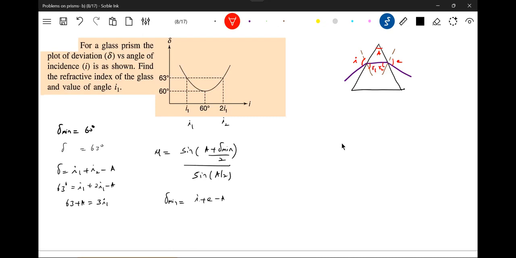So the deviation will be minimum. What is the minimum deviation formula? We write it as I plus E minus A, and I should be equal to E, R1 equal to R2. Angle of incidence should be equal to emergent angle. This I is 60 degrees.